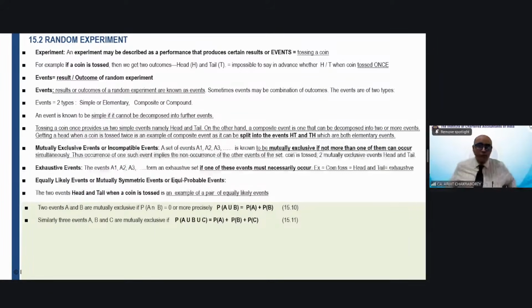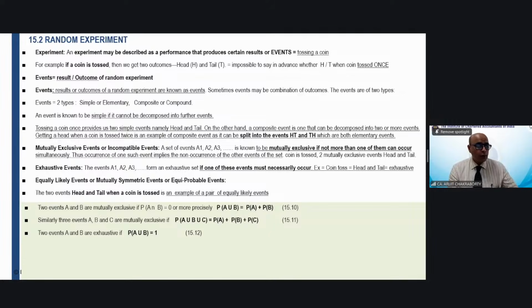So please remember that when we have two events A and B which are mutually exclusive, the formula to be applied for P, probability of A union B, will be equal to what you see in formula 15.10. It is probability of event A plus probability of event B. Similarly, for three events A, B, and C, the probability of A union B union C is the sum of the individual probabilities of the events, PA plus PB plus probability of C, that is PC.